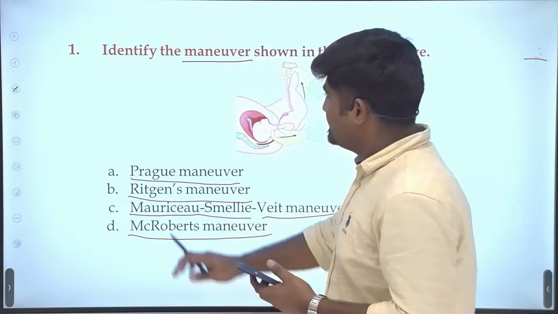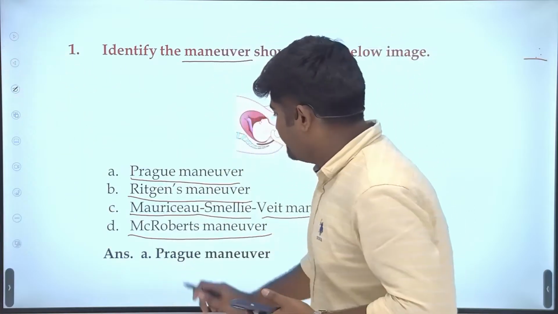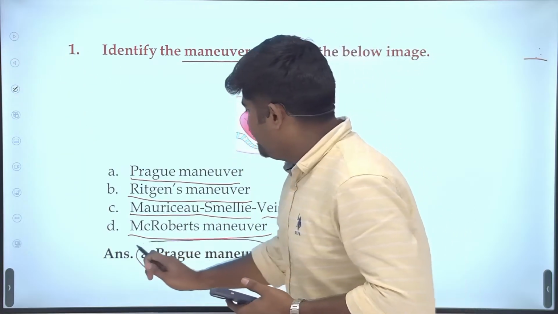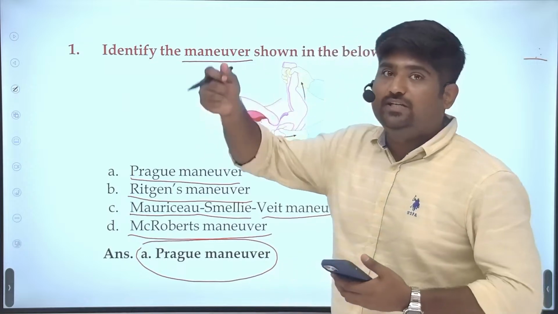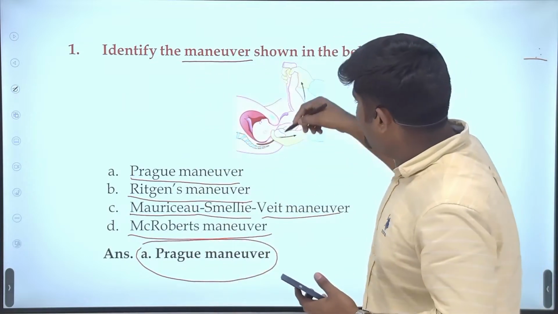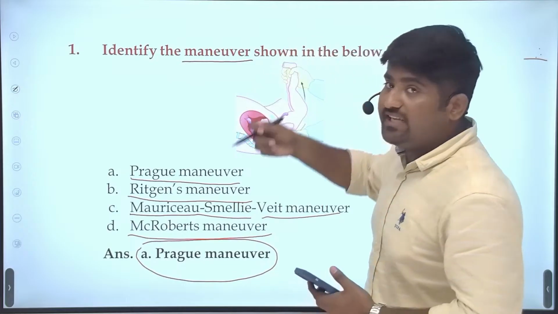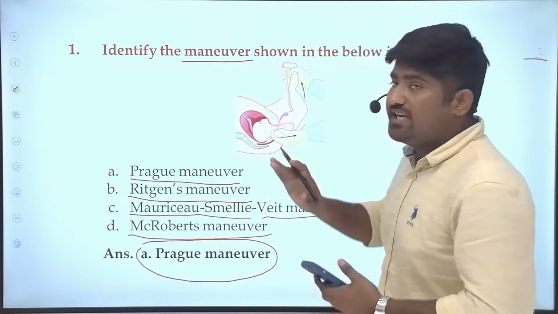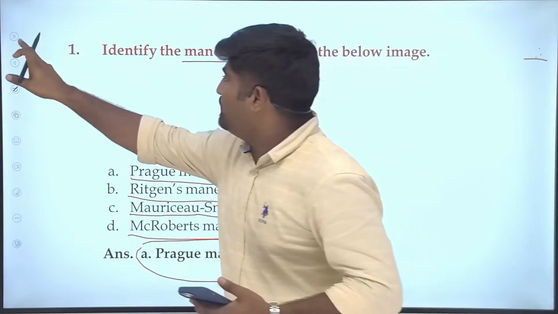Yes, it is Prague's maneuver, correct. Here, there is upside down position, followed by full extension of the fetal foot. This is done in breech delivery, right? You all know about that.